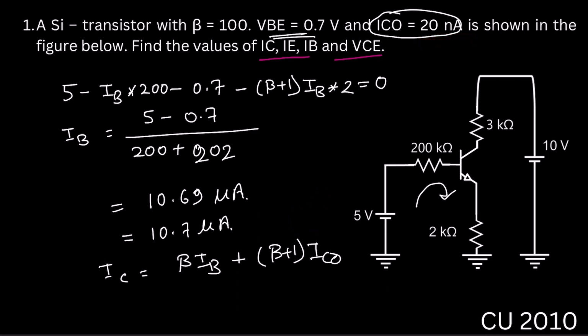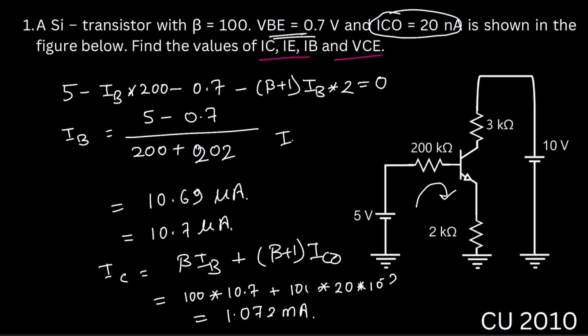So IC will be 100 into 10.7 microampere plus 101 into 20 nanoampere, which is equal to 1.072 milliampere. So we already have the value of IC.